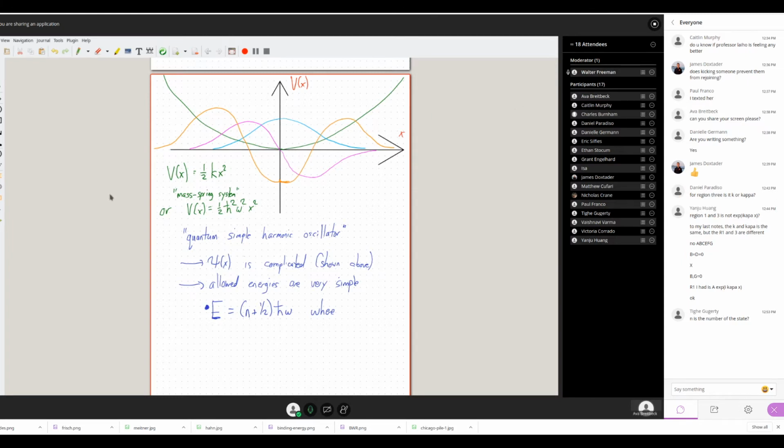Stand by for just like 30 seconds. I want to check something in the notes that Jack gave me a few weeks ago. What exactly did he want me to do?